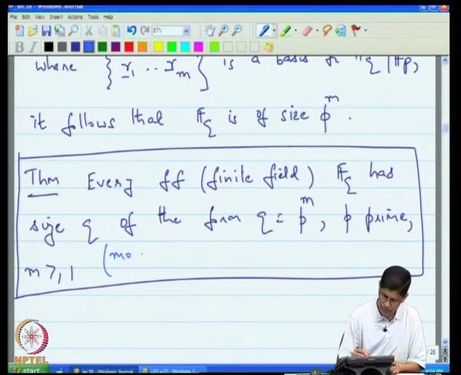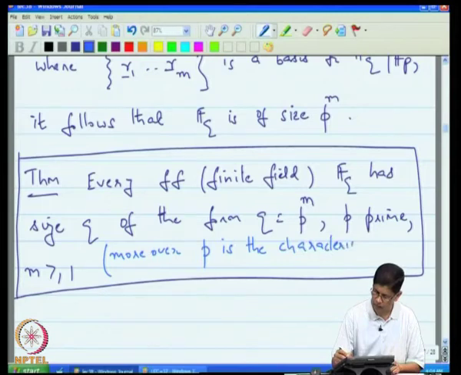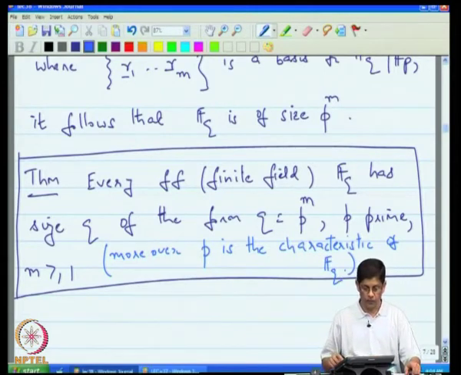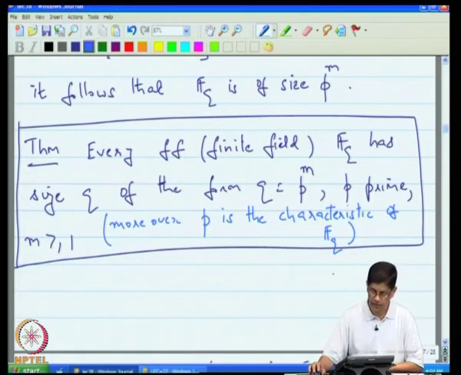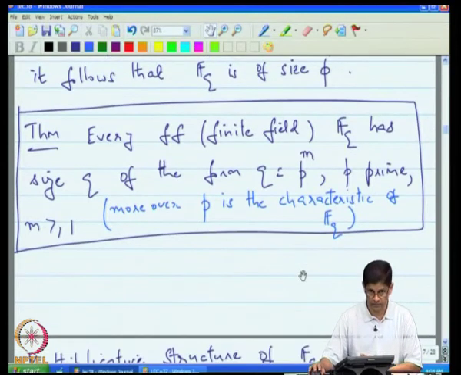Moreover, p is the characteristic of FQ. So, in summary, every finite field FQ must be of size p to the m, where p is its characteristic.